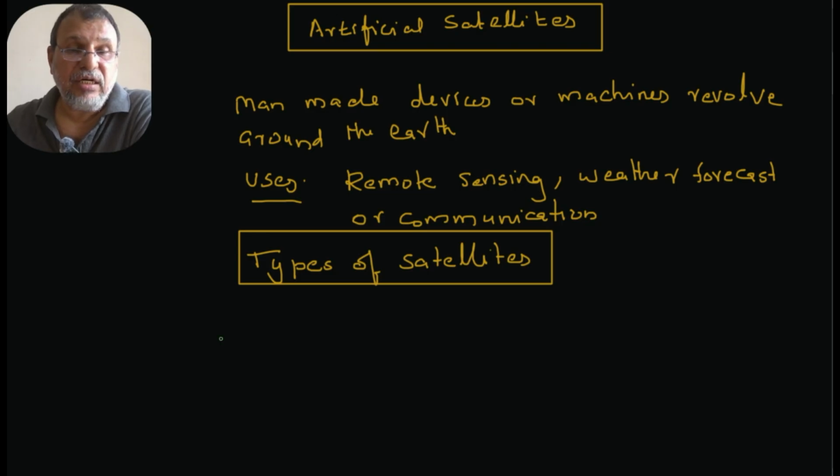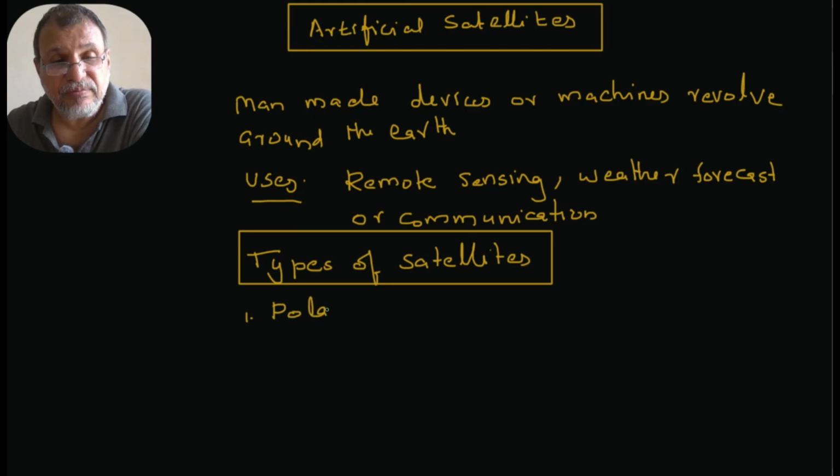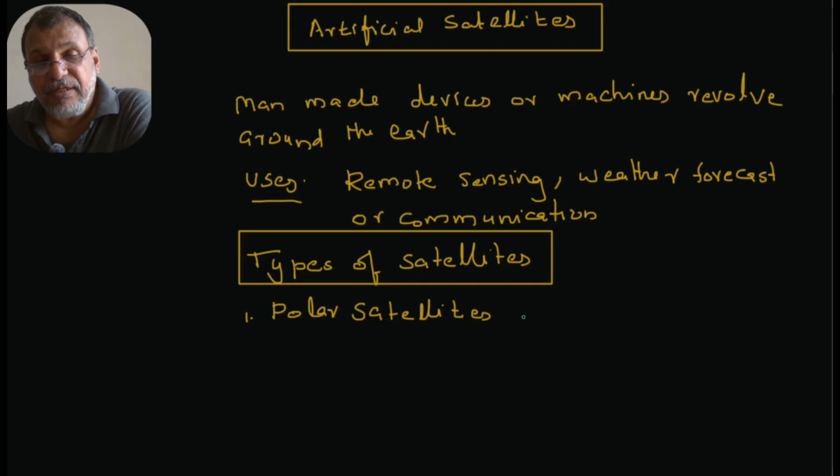The first one is polar satellites, and the second type is geostationary or geosynchronous satellites.